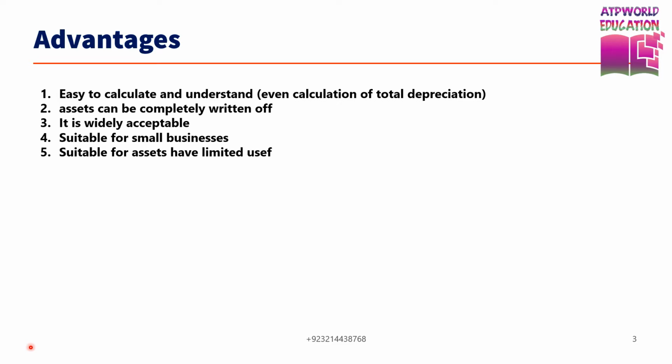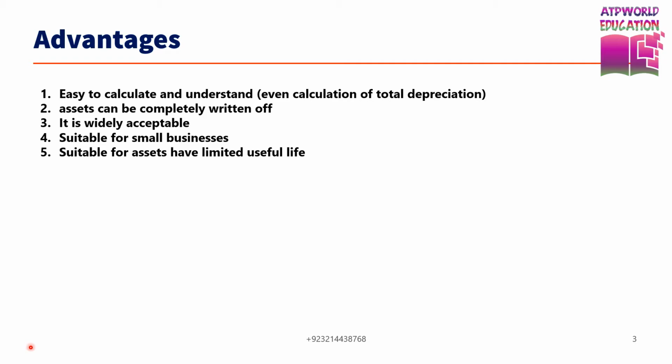The second reason why small businesses apply the straight line method of depreciation easily is that small businesses normally use assets which have limited useful life, and for the limited useful life of assets, the straight line method is quite acceptable to calculate the depreciation. This method is only useful for assets which have limited useful life like 2 years, 3 years, 4 years, 5 years or 10 years.